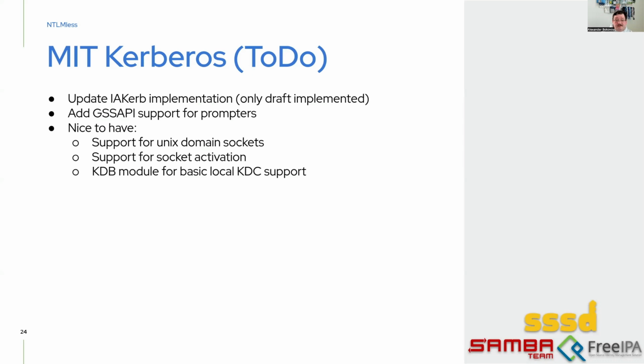And we can probably extend the default KDB module to have basic local KDC support with better integration with the Samba standalone or domain member, just to make sure we can do seeds and proper logon info buffers there, based on the information the system knows about this user.